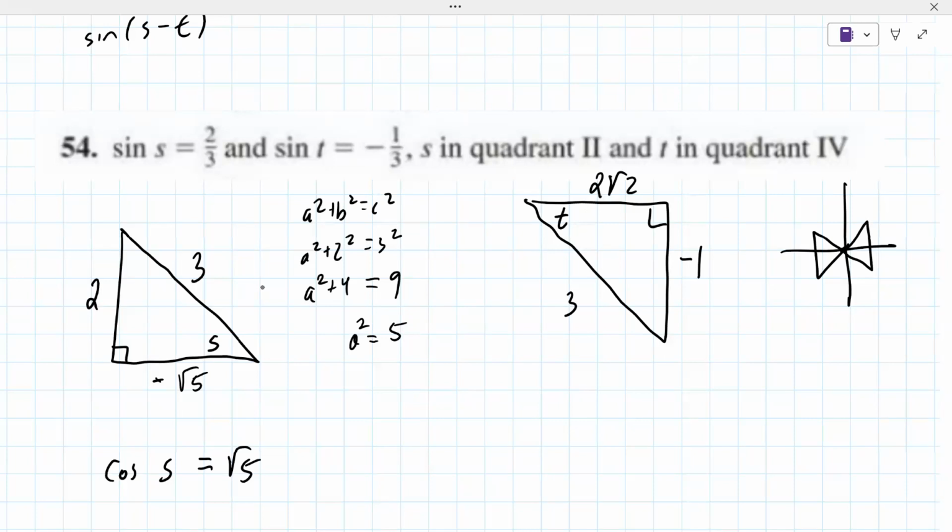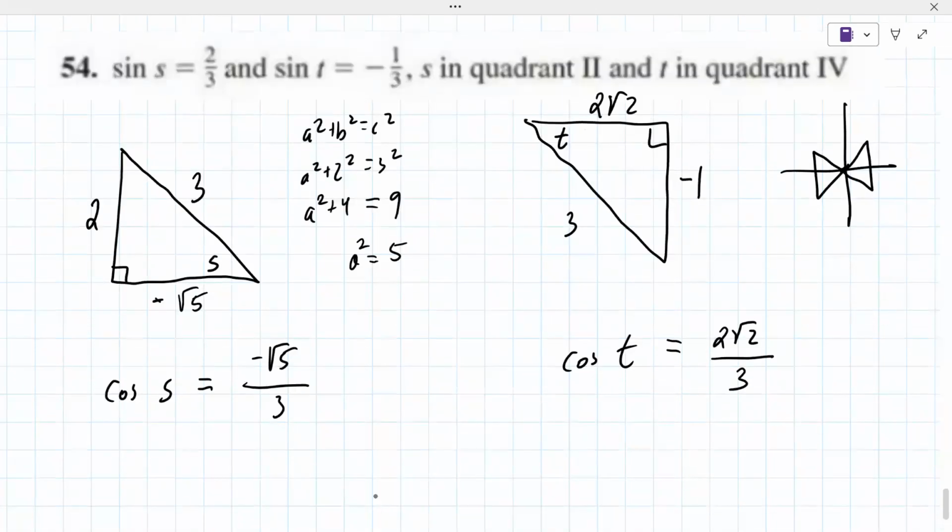All right. So now give me cosine of S. -√5/3. Good. And cosine of T. 2√2 over, negative, oh wait, no, over 3.